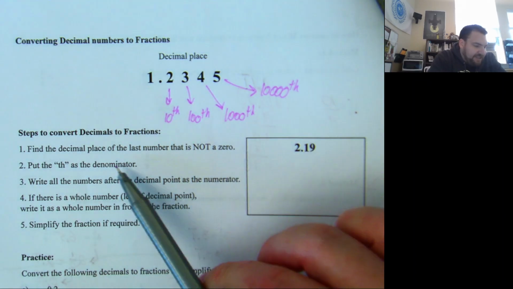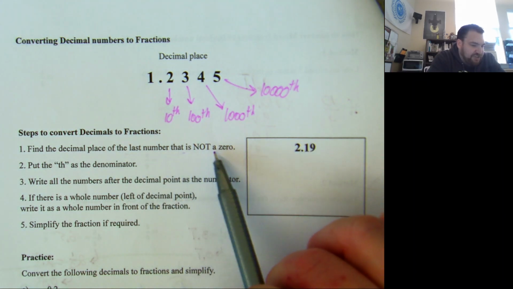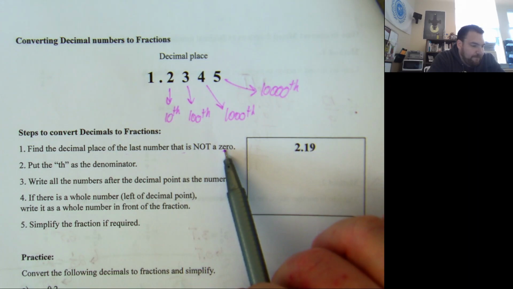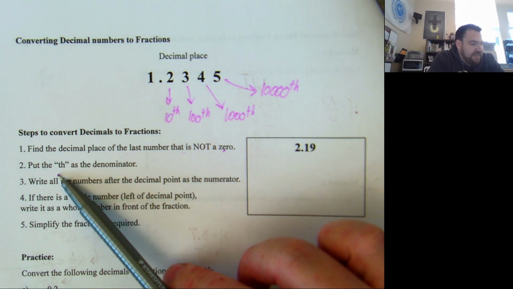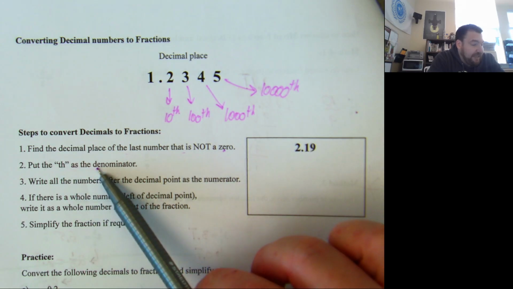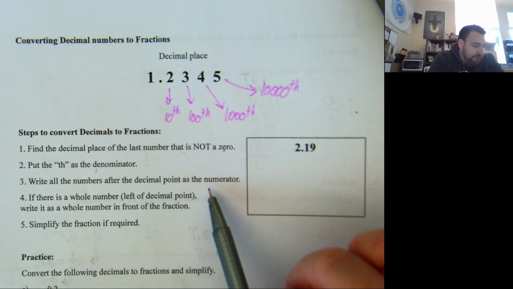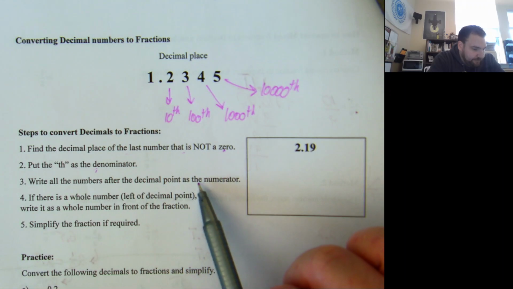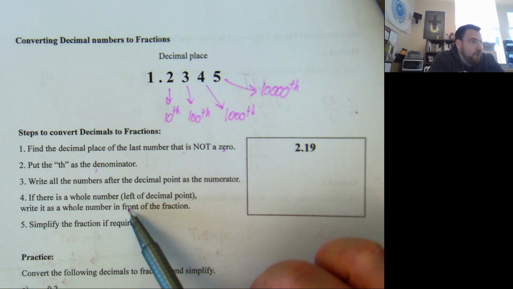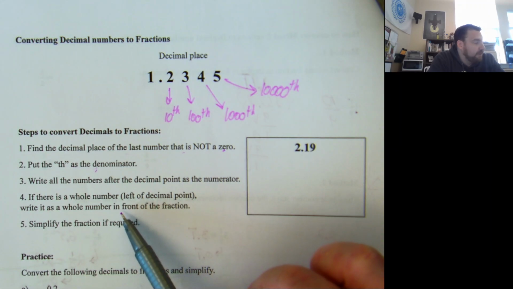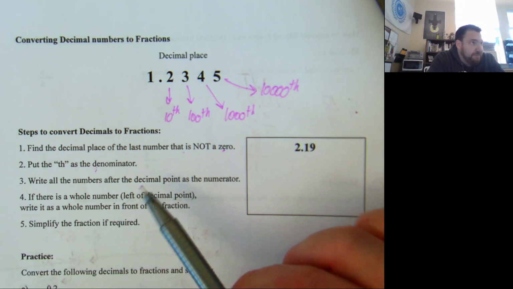We want to find the decimal place of the last number that is not a 0. Whatever that is, thousandth, 10,000th, that's going to be your denominator. We want to write all the numbers after the decimal point as the numerator, and the whole number is going to be the whole number of a mixed number. And then we simplify.